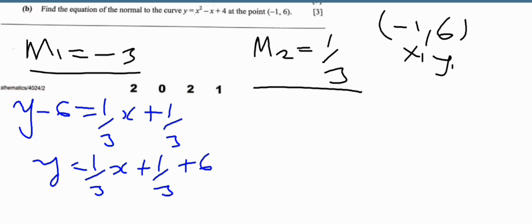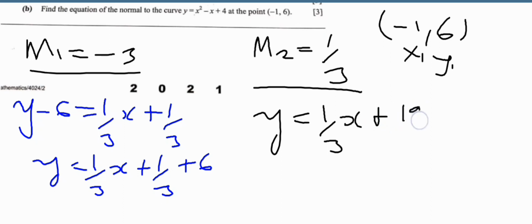So the easiest way of answering this one, just 3 multiplied by positive 6, which is 18, then plus 1, we are going to get 19. Now 19 over what? 3. So we can say y is going to be equal to 1 over 3x plus 19 over 3.